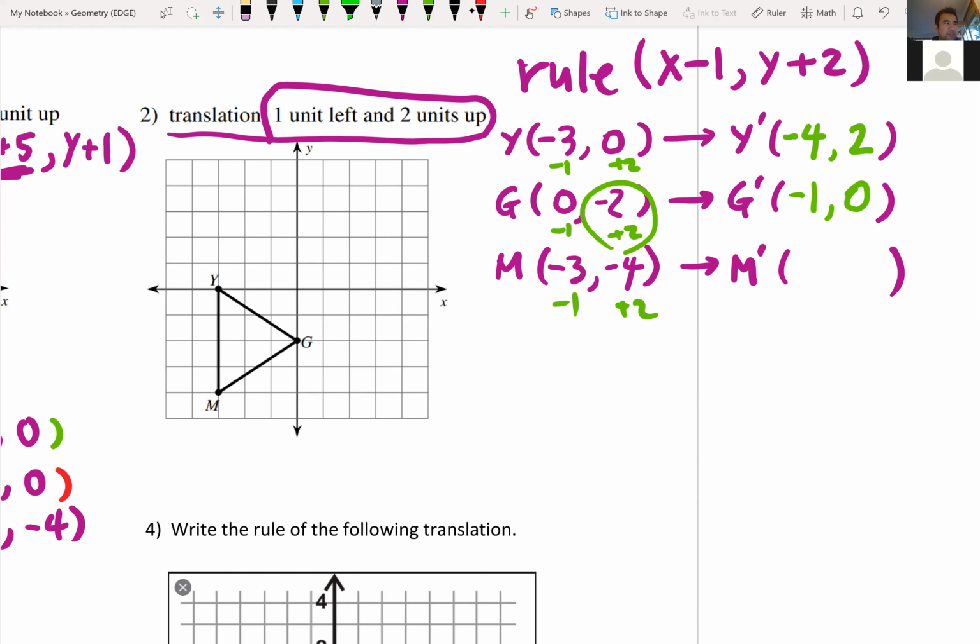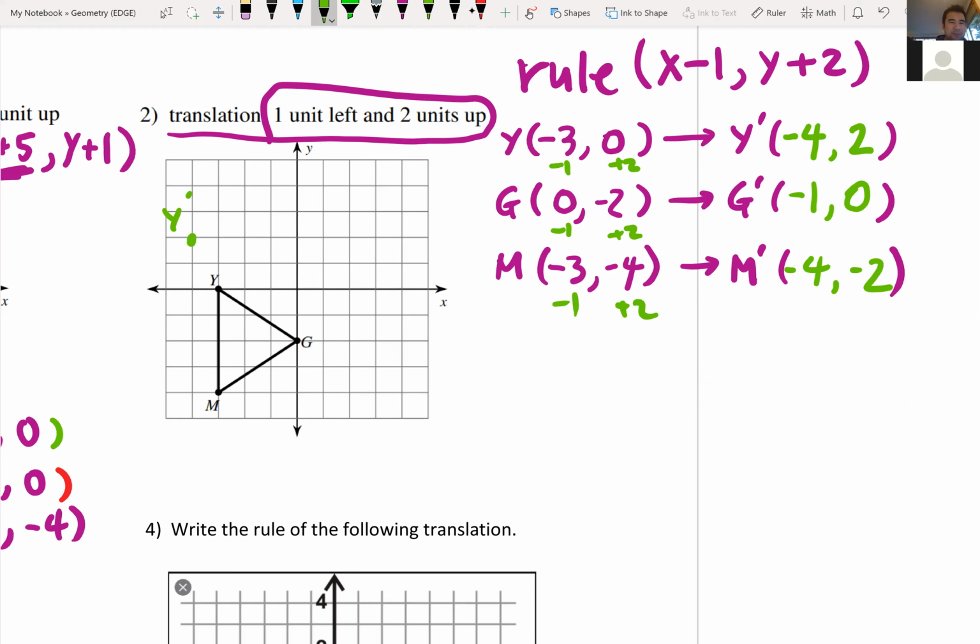Yeah, you okay with that? It will be negative 3 minus 1. That's negative 4. And then this one, negative 4 plus 2. That's negative 2. Okay. So if you were to graph that, y prime is negative 4, 2.